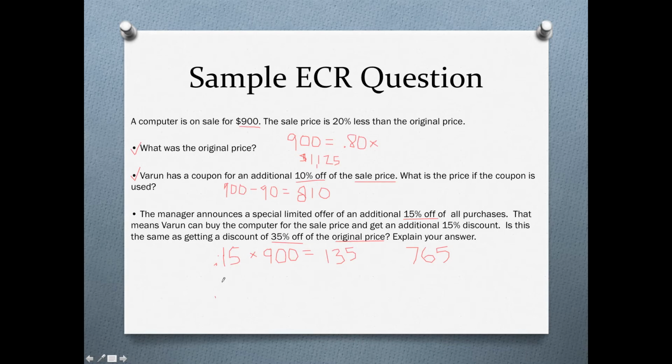So we're going to do 0.35 times 1,125, and we get, I'm going to do it on my calculator, and I get $393.75.